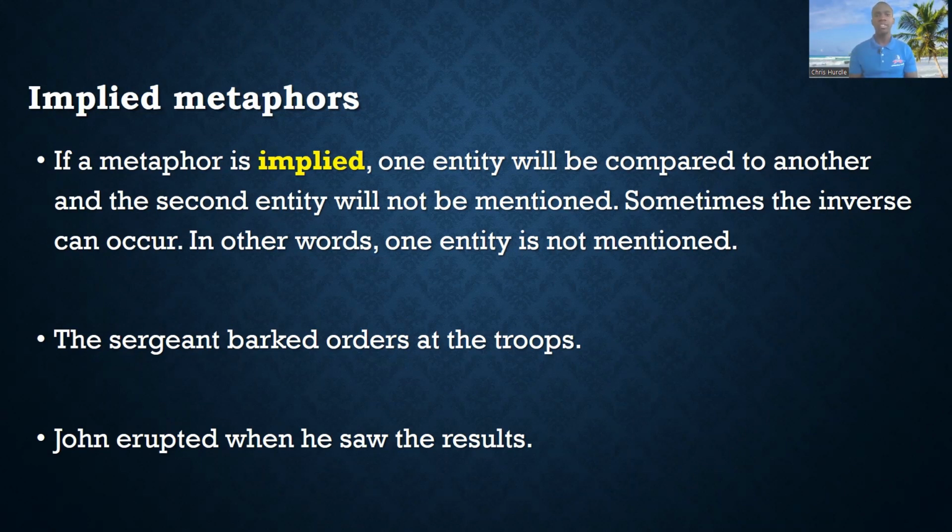For example, the sergeant barked orders at the troops. Look at the word barked, and what comes to mind? Dogs. Dogs bark to communicate. So when we say that the sergeant barked orders, we're comparing the sergeant to a dog, but not directly, because we didn't say the sergeant is like a dog. We use an indirect way of comparing him to a dog.